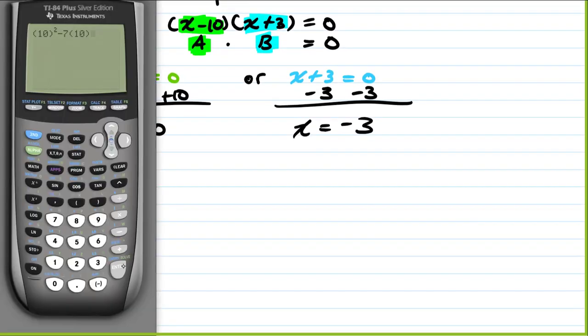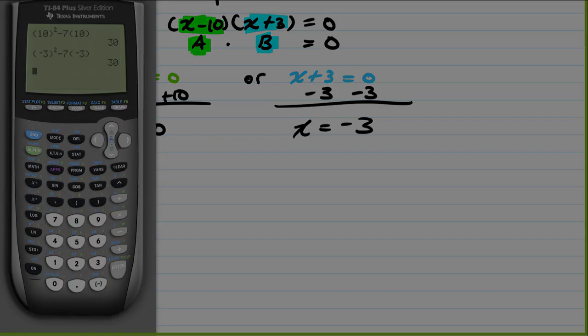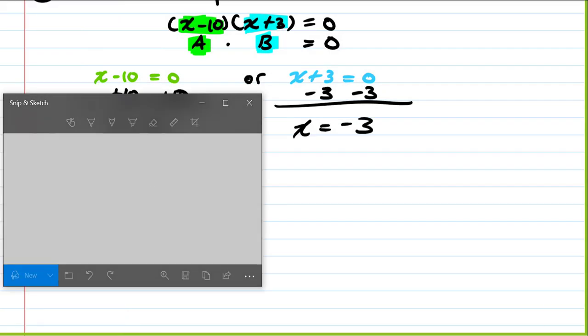Let's double check when we press enter. Indeed we do. And we can check our other solution, negative 3. Negative 3 squared minus 7 times negative 3 is also equal to 30. So we verify that we indeed solved that quadratic equation correctly by factoring.